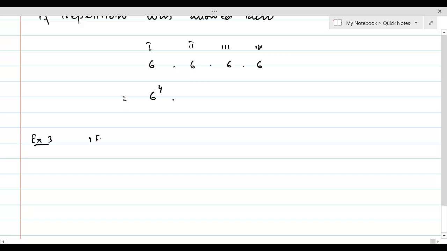One flag: N is equal to 4 and R is equal to 1. This means 4P1 is equal to 4 factorial divided by 4 minus 1 factorial, which is 4 factorial over 3 factorial, which means this is equal to 4.